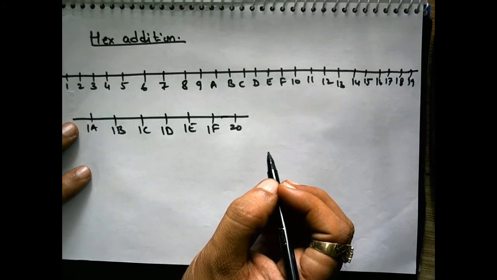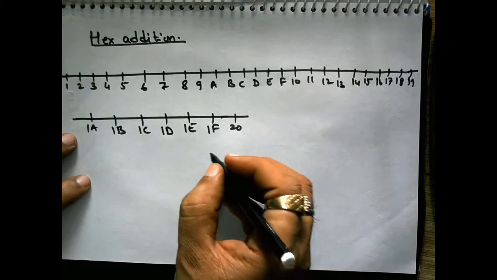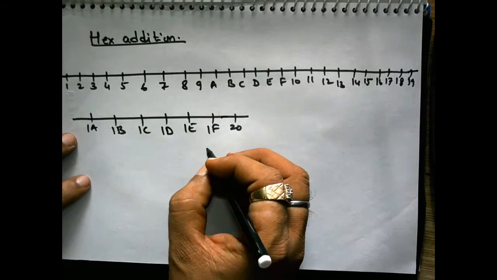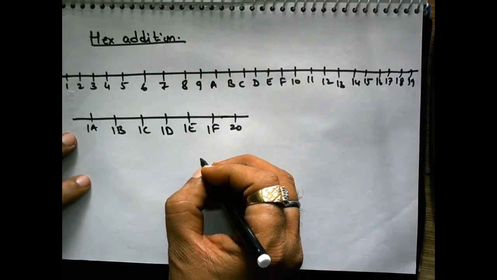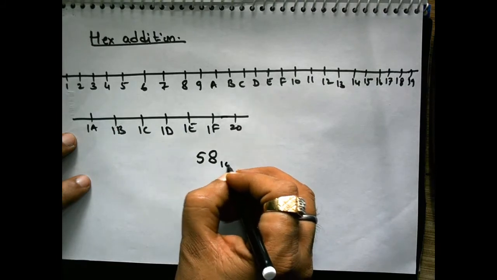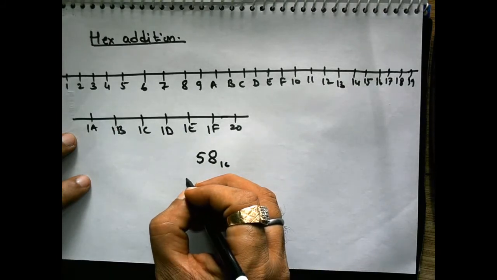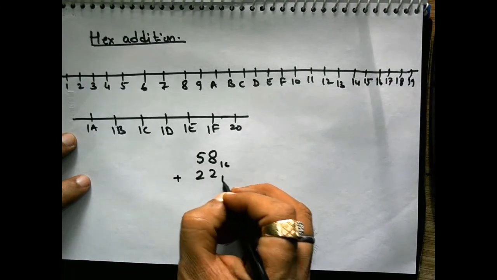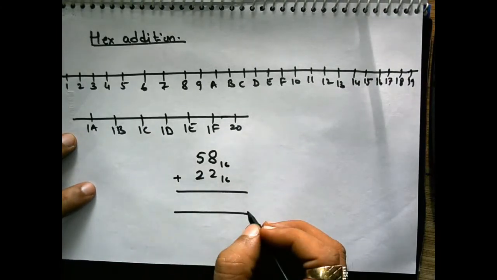How can we perform this hexadecimal addition? Just for the example purpose, let us take this example, that 58 in hex has to be added with, say, 22 in hex. What is the way?